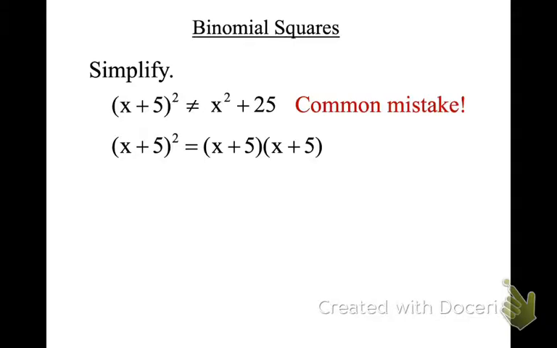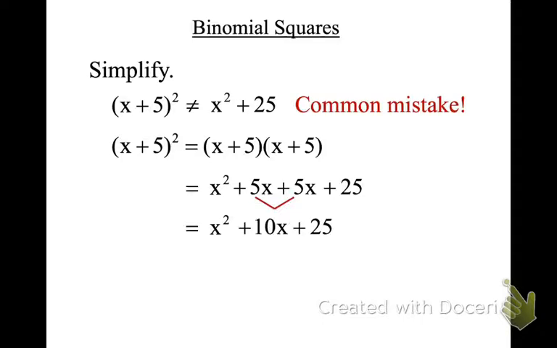When we double distribute, we get x squared, right, plus 5x plus 5x plus 25. When I simplify that, what does it come to? X squared plus 10x plus 25.